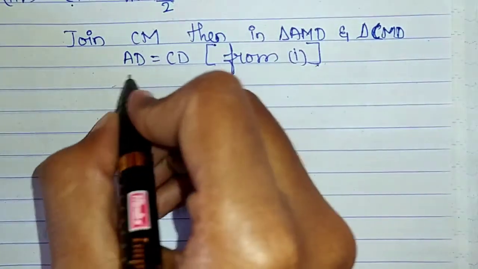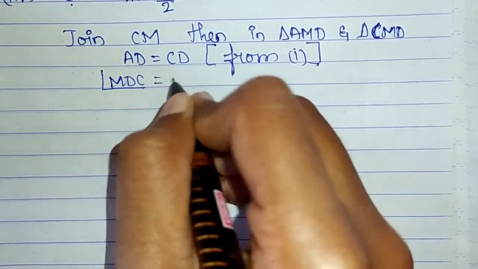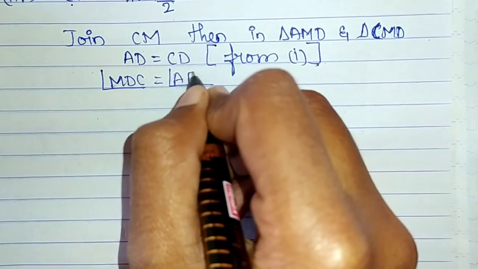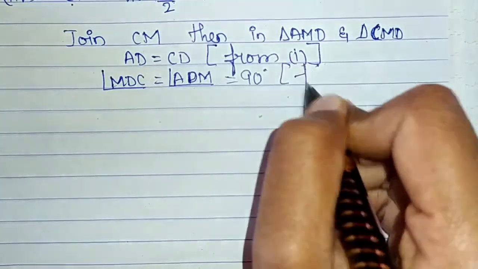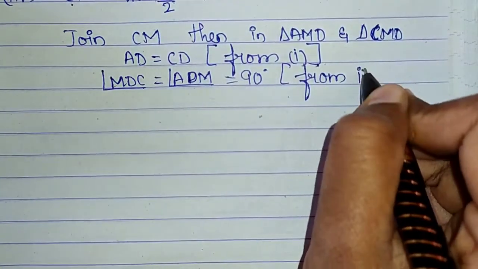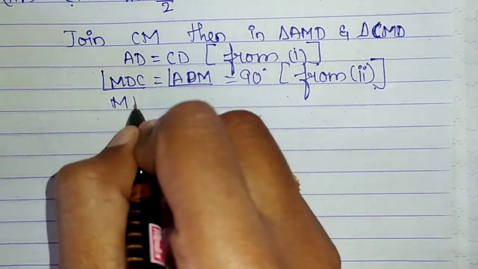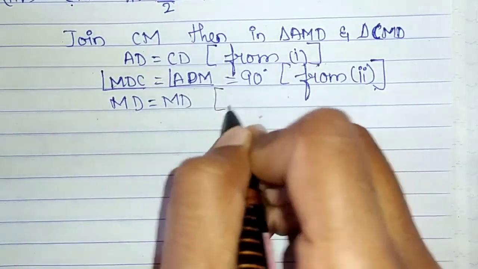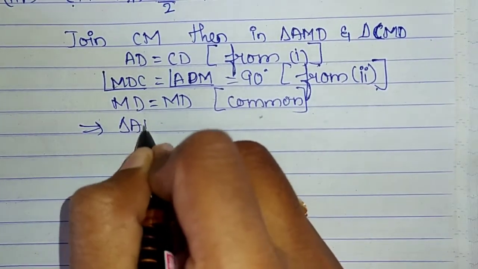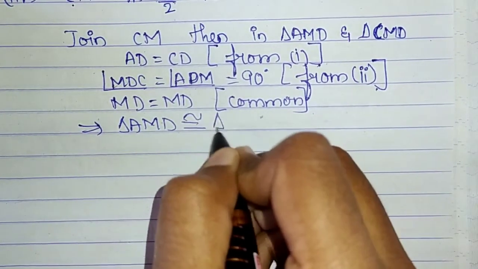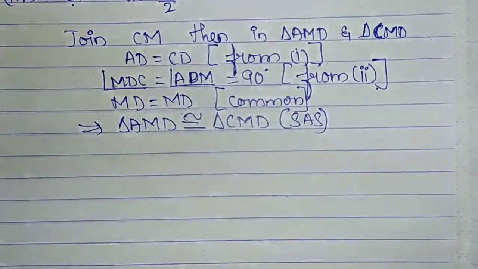So AD is equal to CD and angle MDC is equal to angle ADM or MDA, which is equal to 90 degrees from result 2. We proved that it was perpendicular. And lastly we have MD is equal to MD. It is a common side to both the triangles. So triangle AMD is congruent to triangle CMD by SAS postulate, side angle side postulate.